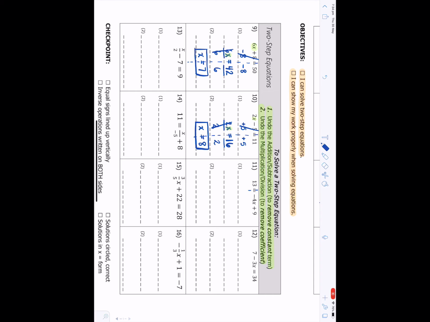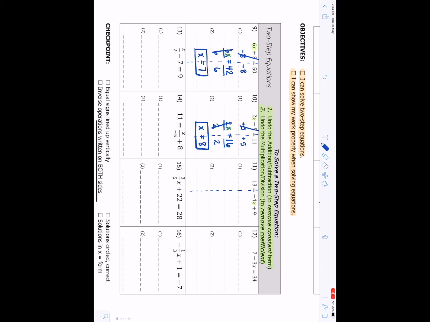In the next problem, we can draw our equal sign down the line and identify that our pronumeral is on the right side of the equation. So this time I need to undo the -4 and the 9. Which one is furthest from the variable? Again, I'm working my way from further from the variable to closer to the variable.